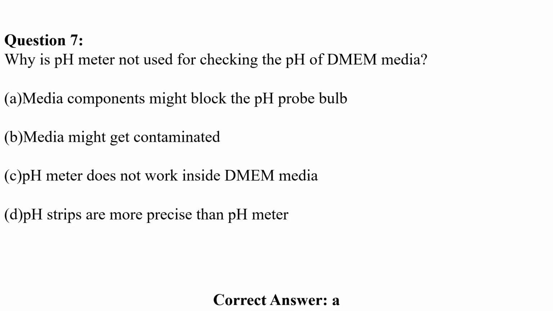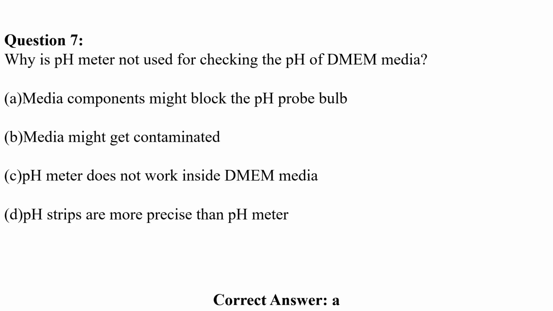That's why we go for pH strips. In general, pH strips and pH meter are both very precise, but in this case, since the media components block the pH probe bulb, the pH strips actually give a better reading. A pH meter cannot give an accurate reading. So pH strips are not generally more precise than a pH meter.